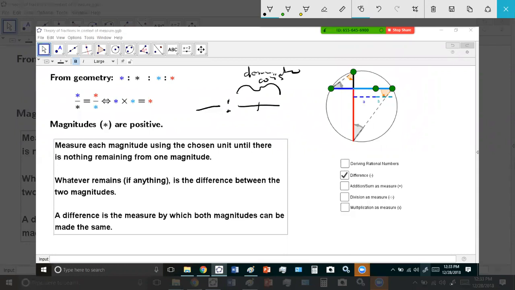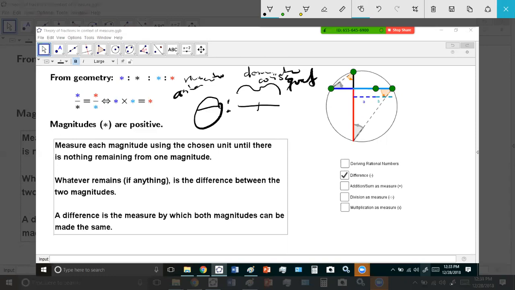And this here is called the numerator or antecedent. And we usually measure the antecedent using the consequent or the denominator.